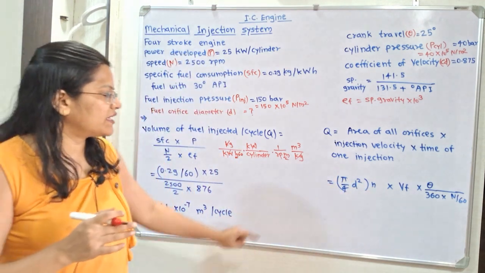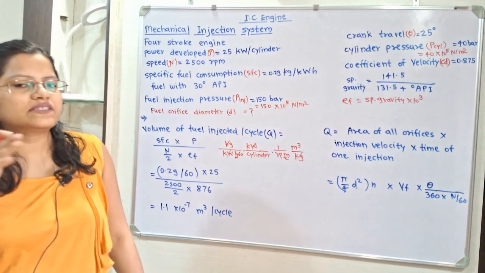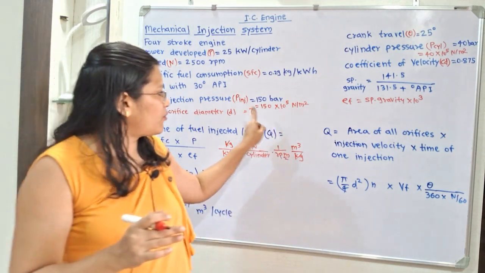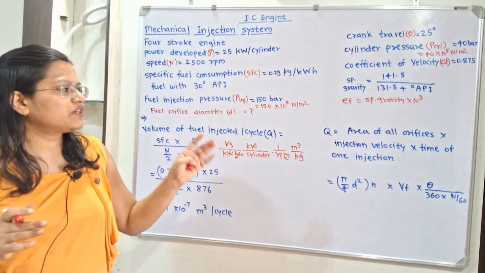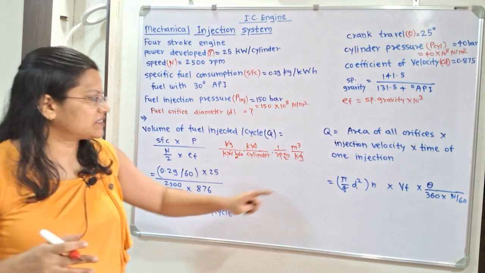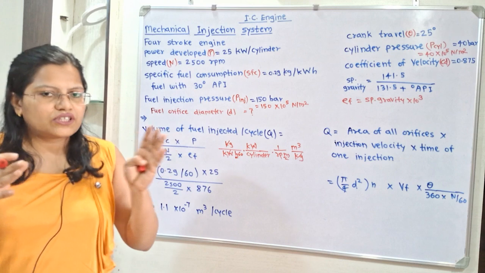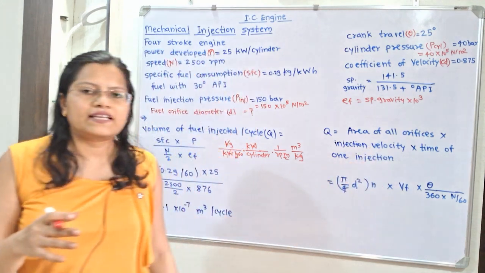So how to calculate area? Pi by 4 d square multiplied by n, where n is the number of orifices. But for this question we will consider n is equal to 1. Now injection velocity, we have calculated earlier, that is Vf, so we will take as it is.